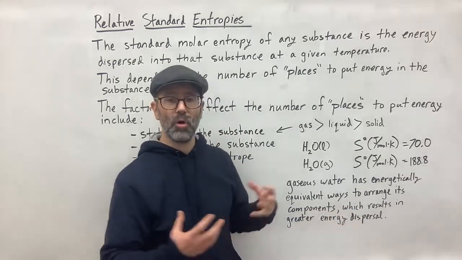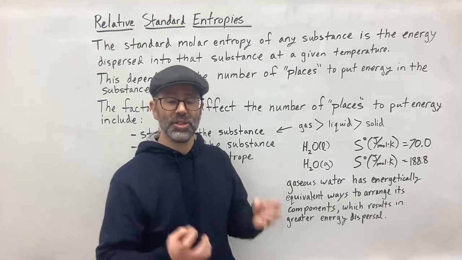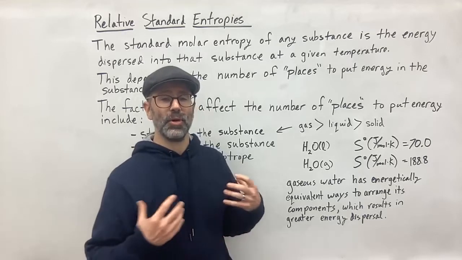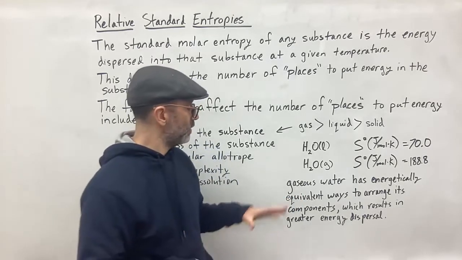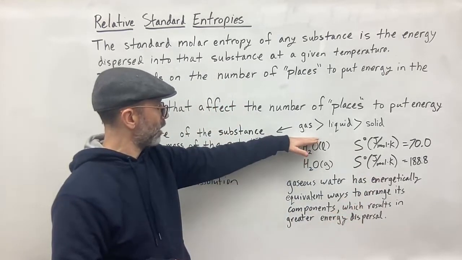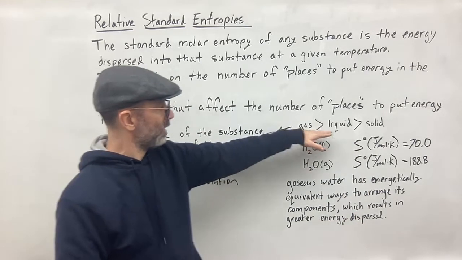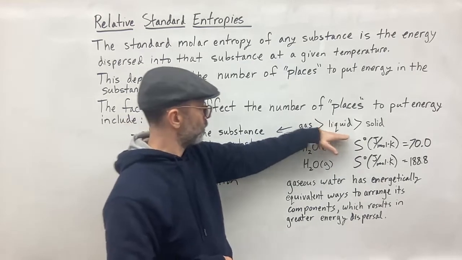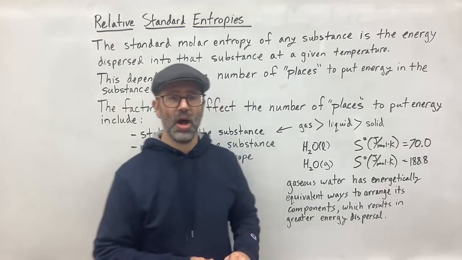Because there's more energetically equivalent ways to arrange your components, that's going to allow for more energy dispersal. So that's why we have a greater molar entropy for gases than liquids, and therefore more molar entropy for liquids than for solids.